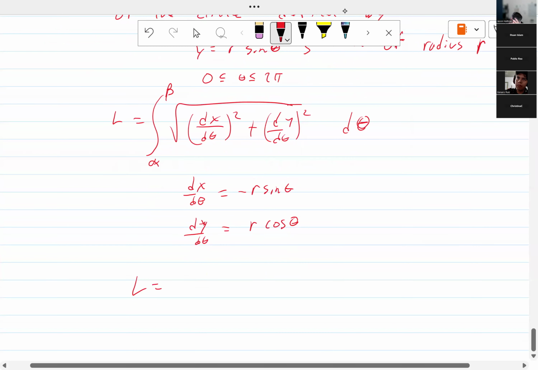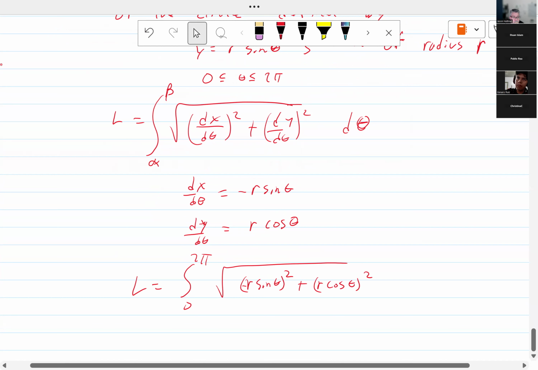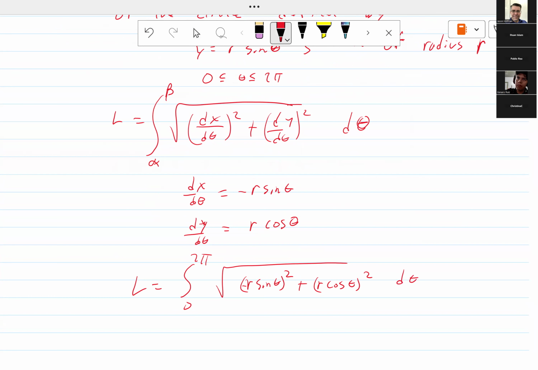So L is equal to the integral from 0 to 2 pi of the square root of (negative r sine theta) squared plus (r cosine theta) squared, d theta.